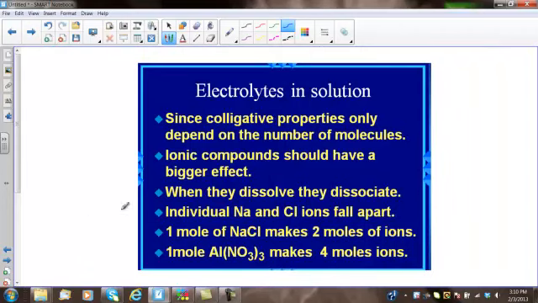So, let's just review a little bit of what we said. Since colligative properties only depend on the number of particles, ionic compounds have a bigger effect because when they dissolve, they dissociate, unlike covalent compounds, which don't dissociate when they dissolve. So as I said, individual Na and Cl ions fall apart. So 1 mole of NaCl makes 2 moles of ions. 1 mole of Al(NO3)3 makes 4 moles of ions.